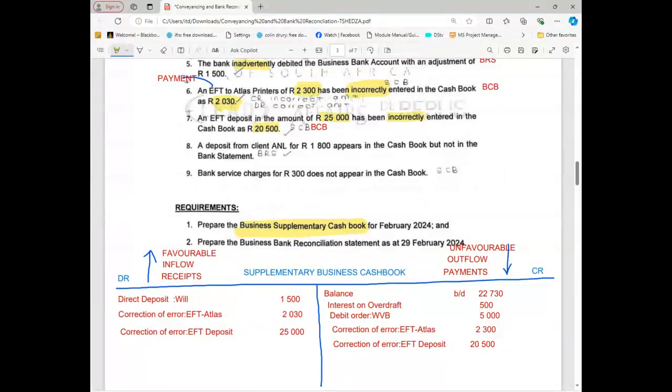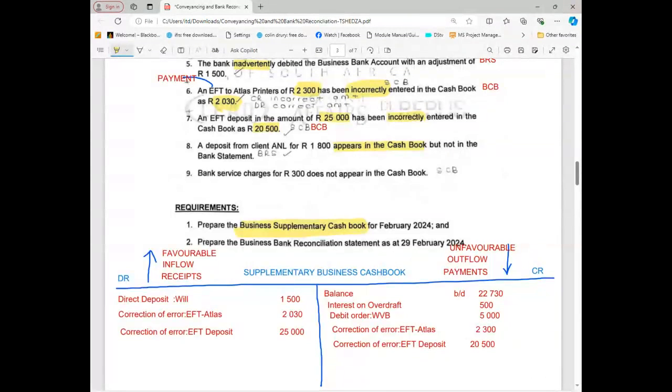Now, a deposit from client ANL of 1,800 appears. Until the minute they say it appears on the cash book, there's a better chance that it's not appearing on the bank statement. They did tell us it's not appearing on the bank statement.